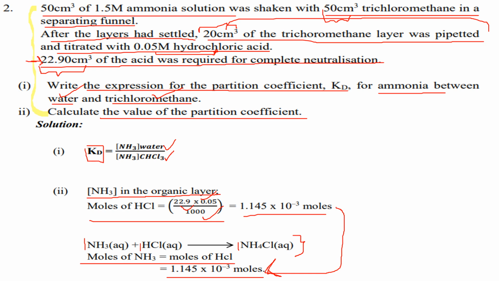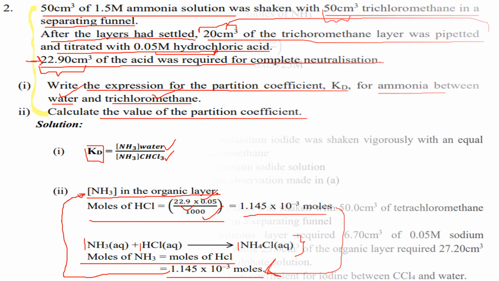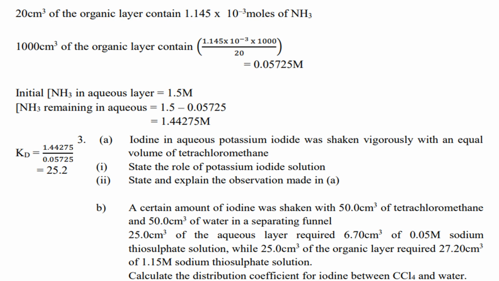Now our next step, we want to get molar concentration, but remember that these are just moles. So these ones are contained in which volume? Because when you get that volume, we shall multiply by 1000 to get the molar concentration that we are looking for. So the volume that we used is 20 centimeters cubed.